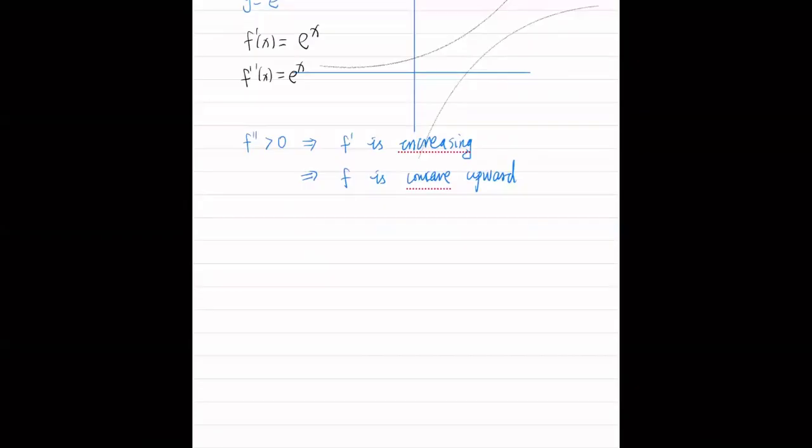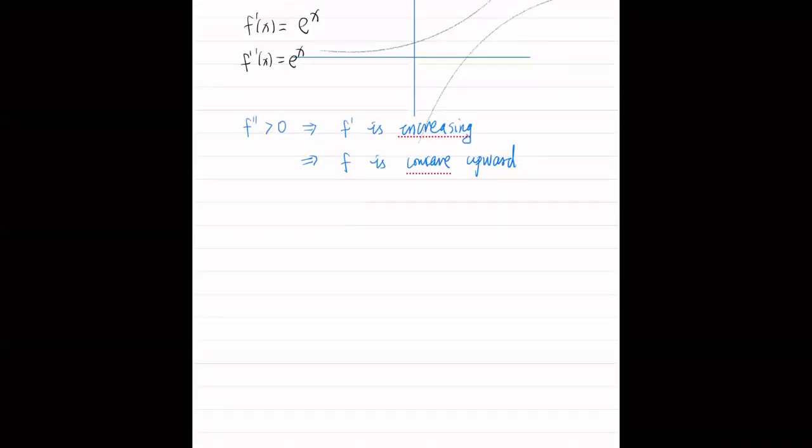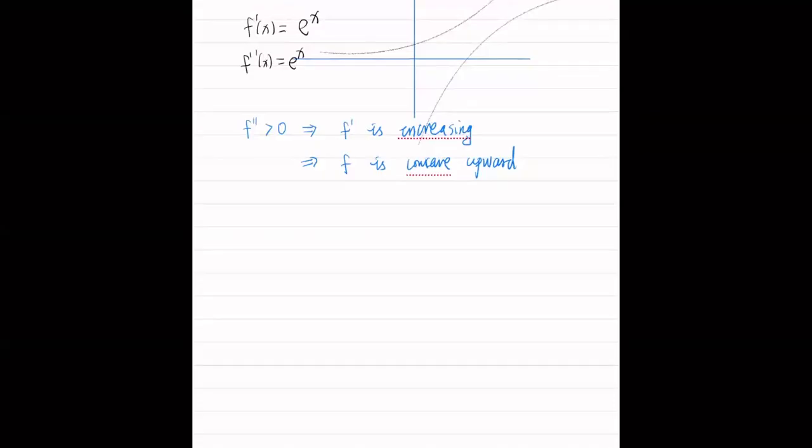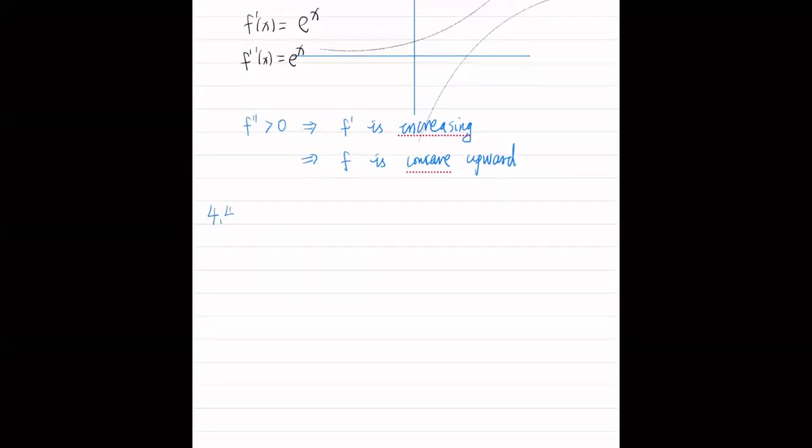Okay, so let's skip a few details. Sophia, are you back? Sophia? Okay. Let's move to the next interesting topic, 4.4, indeterminate forms.